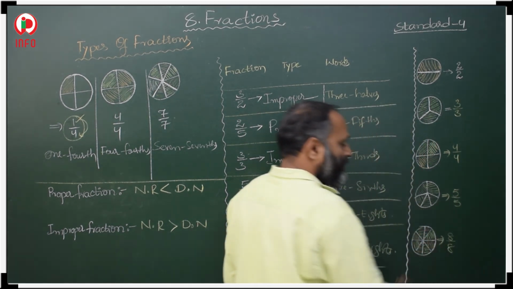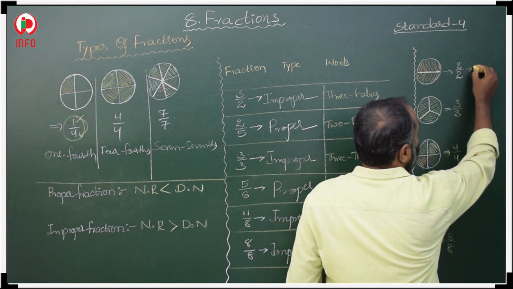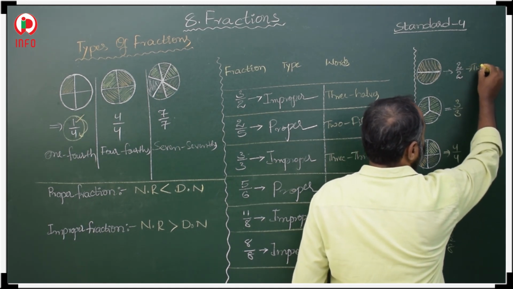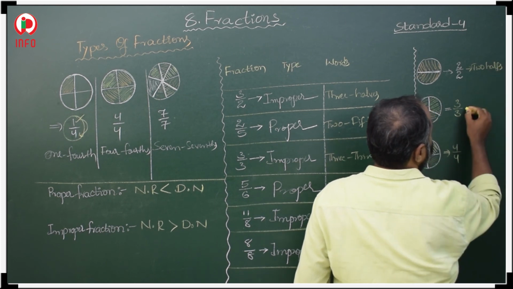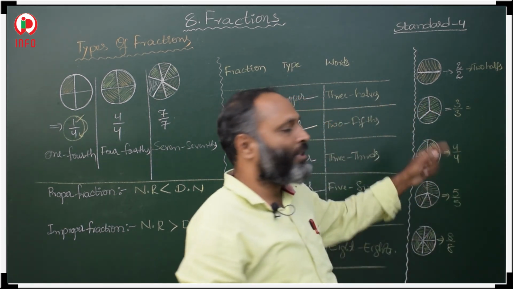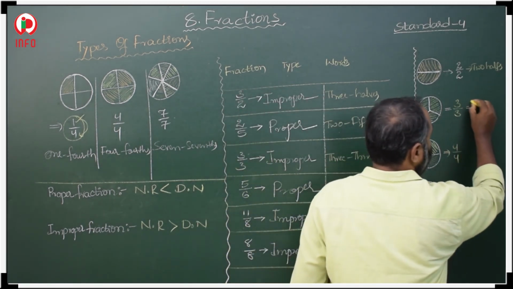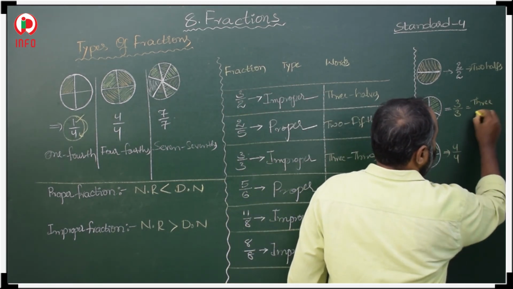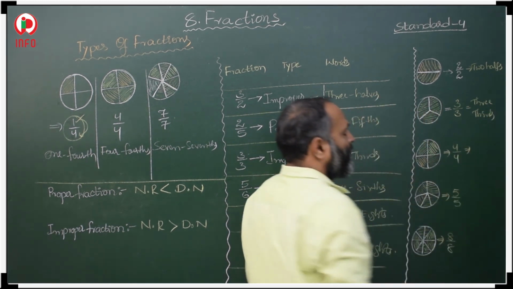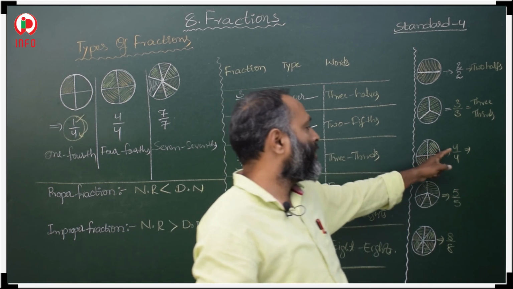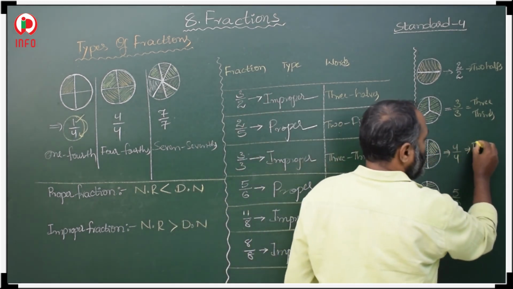If 6 parts, then we have to take 6/6. Then this is 2 halves. This is 3/3, which means 3 thirds. In the same way, how many fourths? 4 fourths.